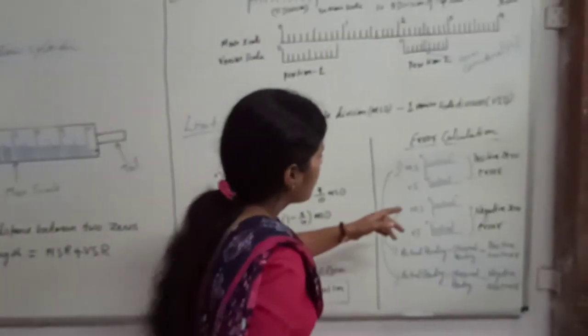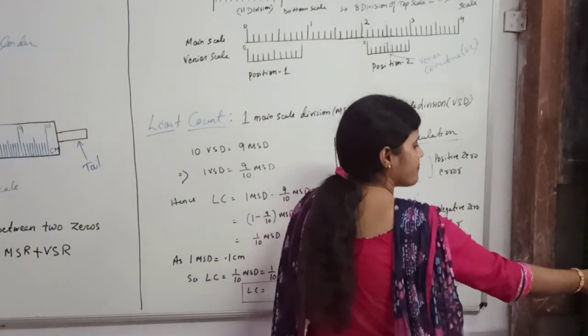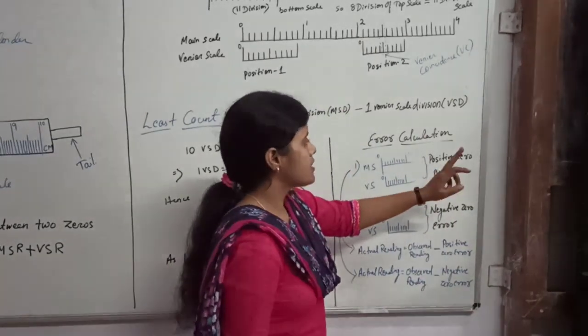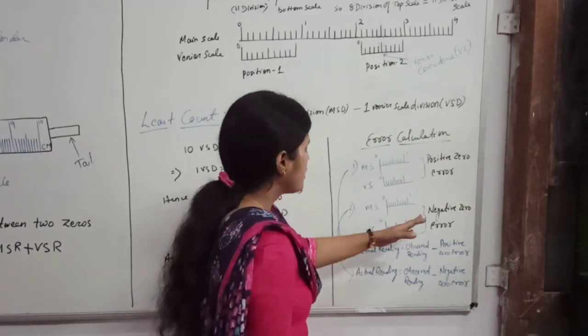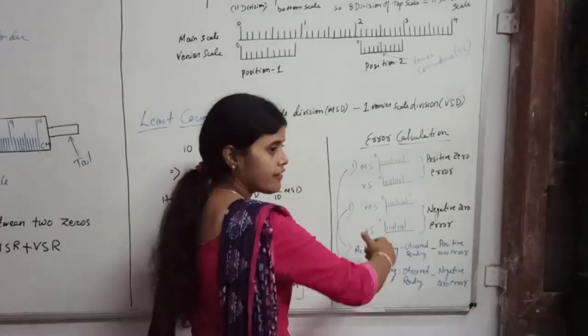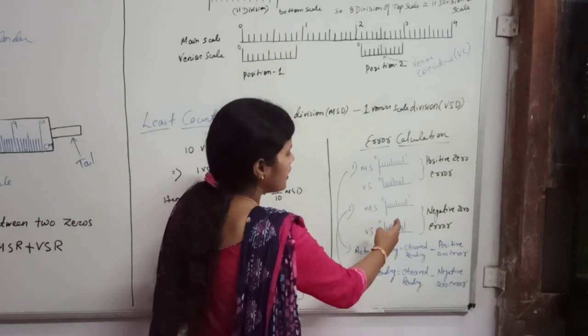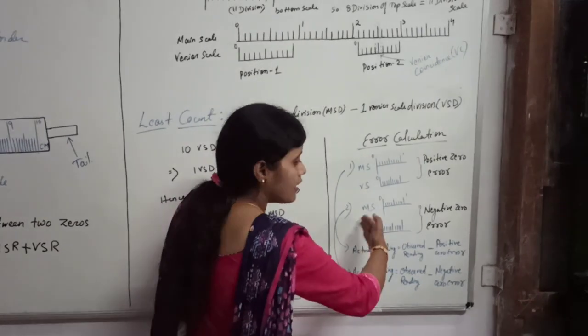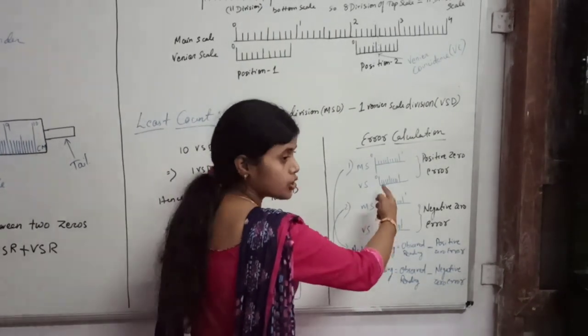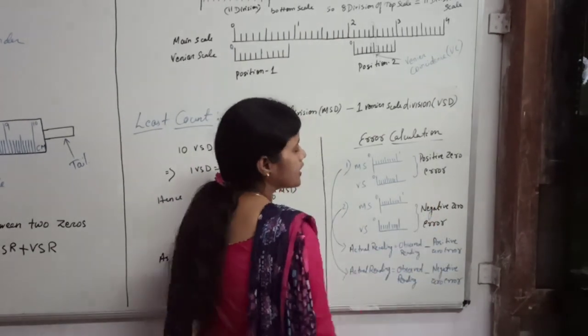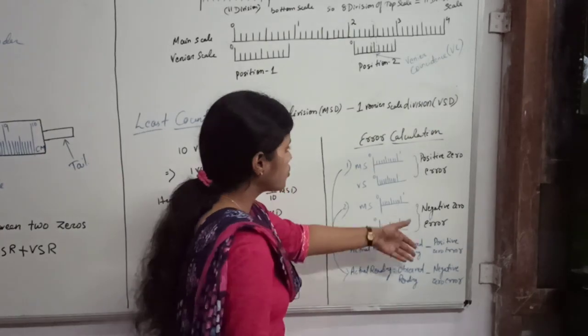So when you observe such things, you will call this positive zero error. Similarly, if the reverse happens, if the zero of the vernier scale shifts to the left side from the zero of the main scale, then we will call it negative zero error. So these are the two types of error.